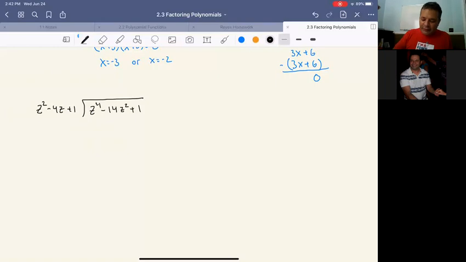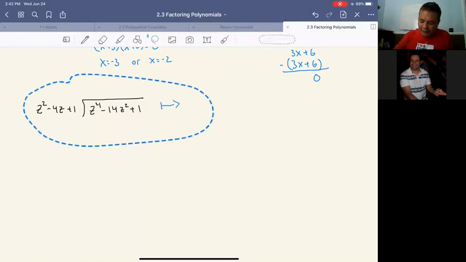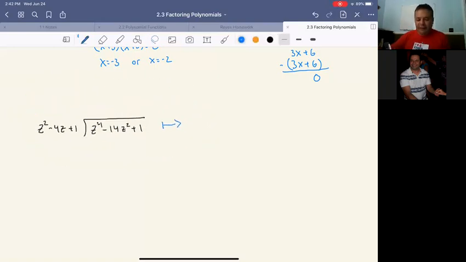Okay, now the first thing I want us to notice here is that this is actually missing like terms. There's no z cubed term, there's no z term. So I think it's helpful. It's not required. You don't actually have to do this at this point. Later on we will. But it's a good practice to fill in the missing terms.